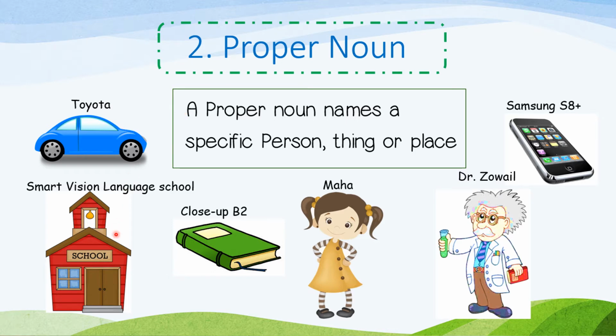Okay? Not any school, but we have Smart Vision Language School. Not any book, but we have the Close-Up P2 book. Okay, not any girl, we have Maha. Not any scientist, but Dr. Zuhail, and finally, not any mobile phone, but Samsung S8 Plus.